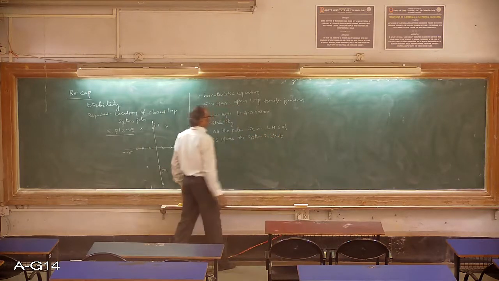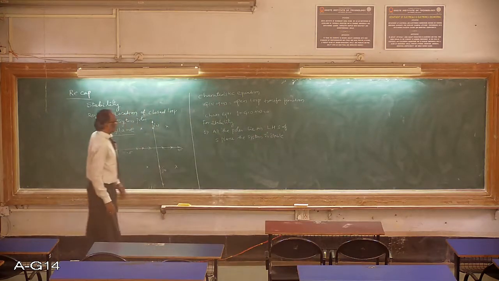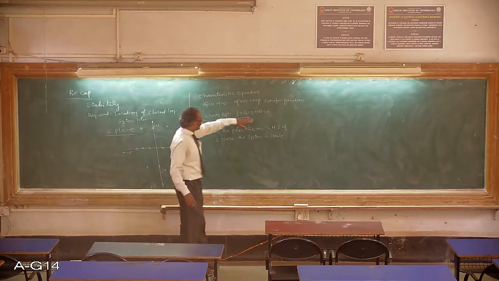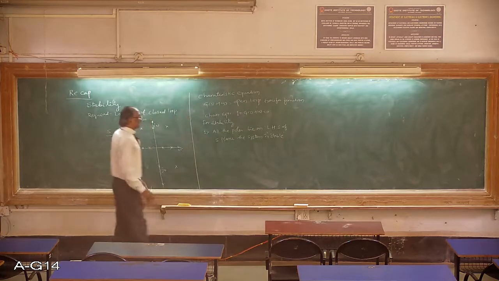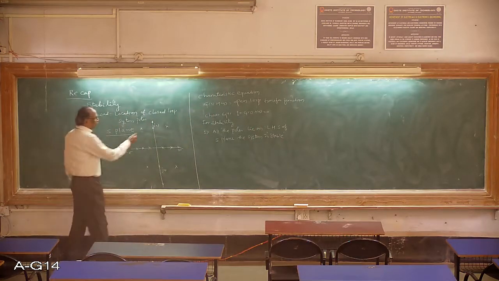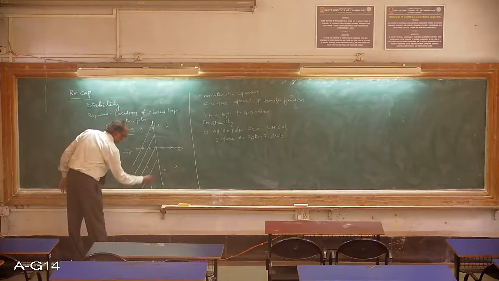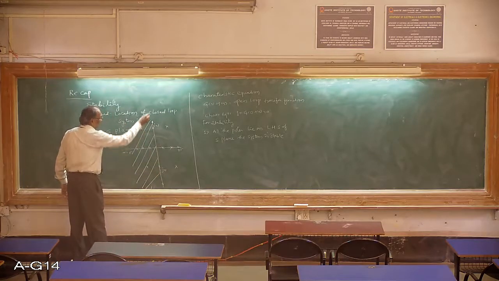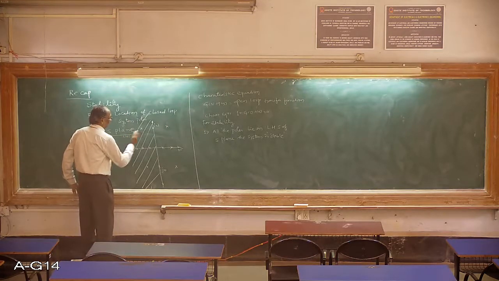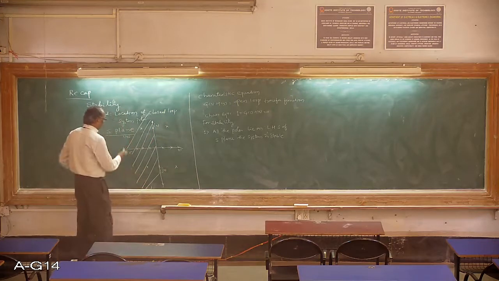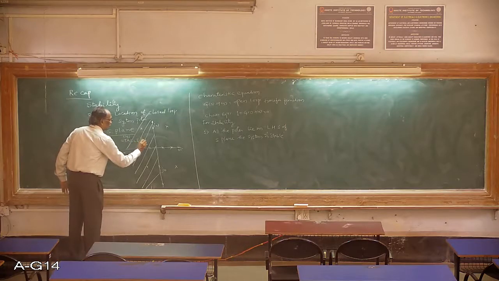The system is stable if all the poles of the characteristic equation 1 plus G(s)H(s) equal to 0 lie on the LHS of the S plane. So we can represent the stable region. The LHS of the S plane, towards the left of the imaginary axis, is called the stable region.